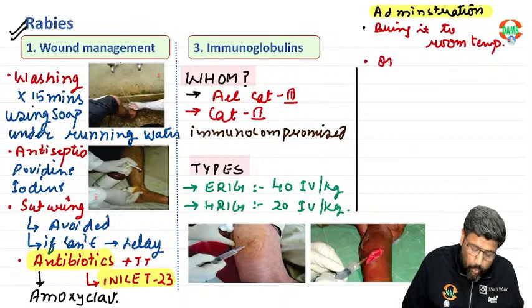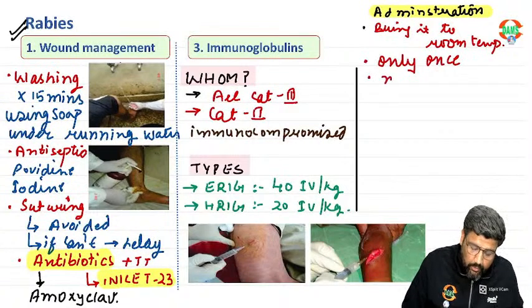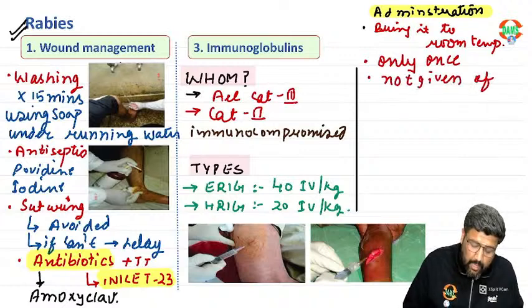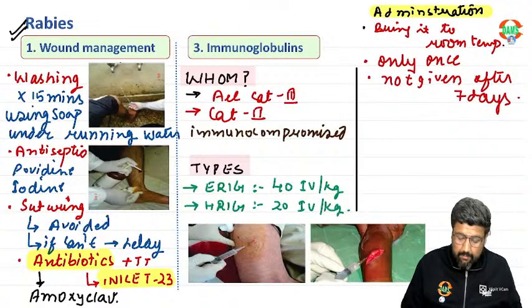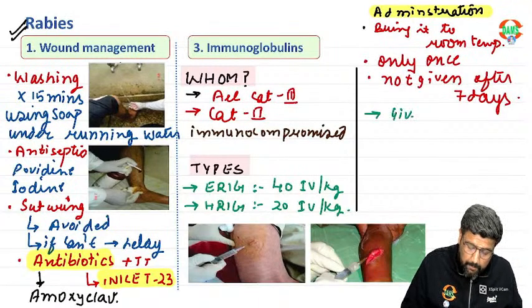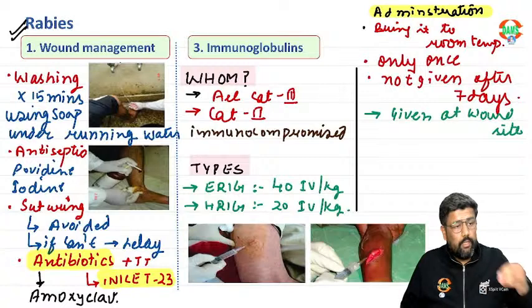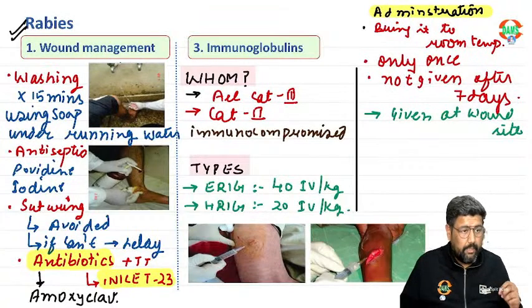It is given only once. And there is no point of giving immunoglobulin after 7 days. This should be given at the wound site.